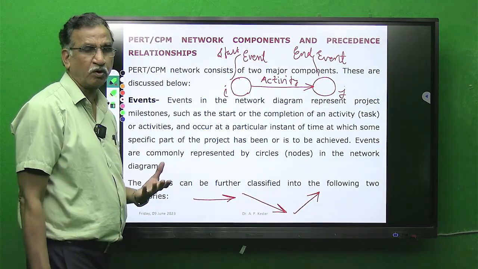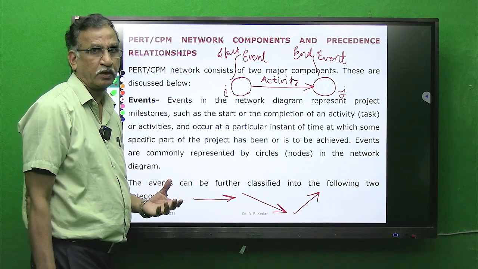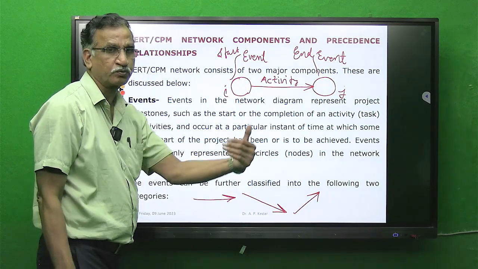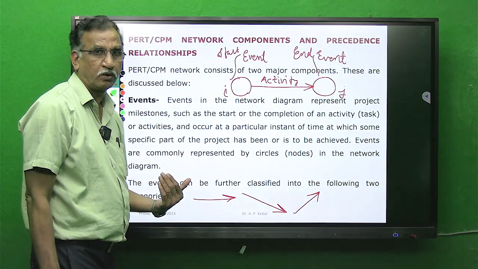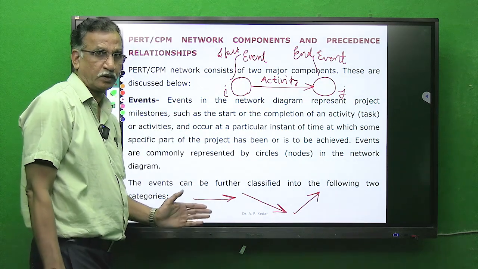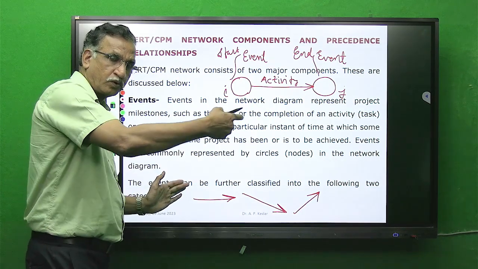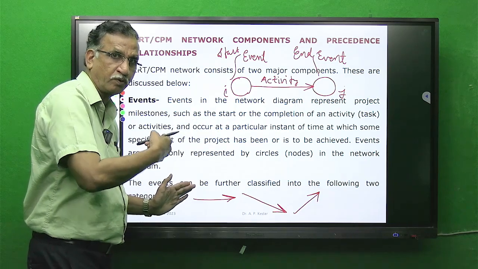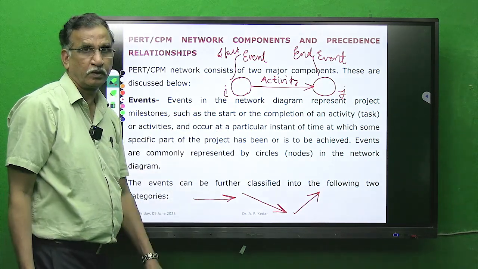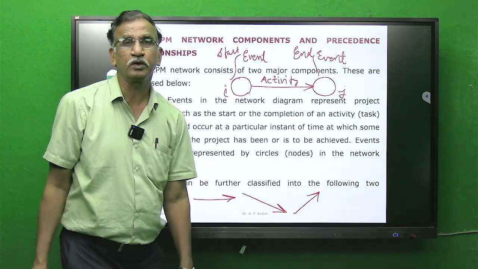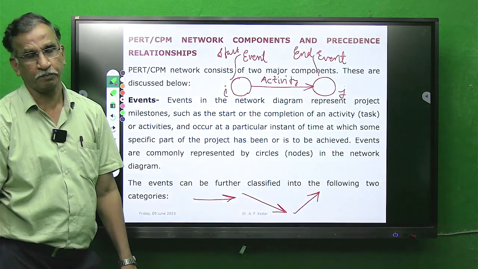And we know one common sense, time always flows from 0 onwards. When I am drawing the network, my flow of activity arrow will be from left to right, because left to right will give only progression, development.